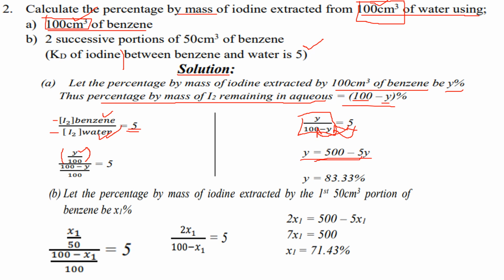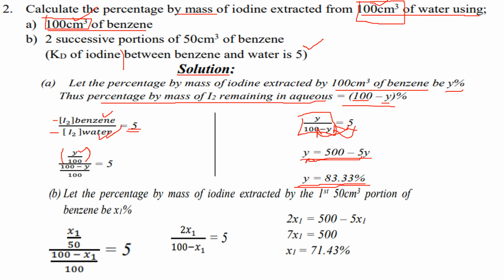If you bring 5y this side, you get 6y to be equal to 500, and you divide through by 6. When you divide through by 6, you remain with y being equal to 83.33%. So this is the percentage that can be extracted when you use the whole volume of the extracting solvent at once.